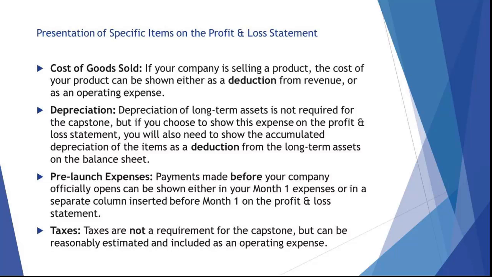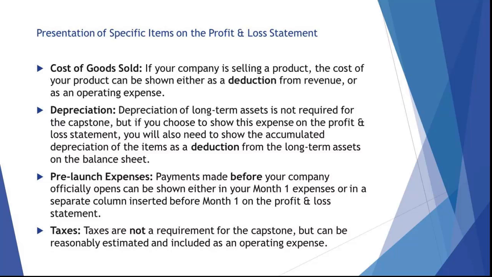Now, depreciation is not a requirement for the capstone. But if you do want to show this expense on your profit and loss statement, you will also need to show the corresponding accumulated depreciation as a deduction from the long-term assets on your balance sheet. So with depreciation, you either show it on both statements or don't show it at all.